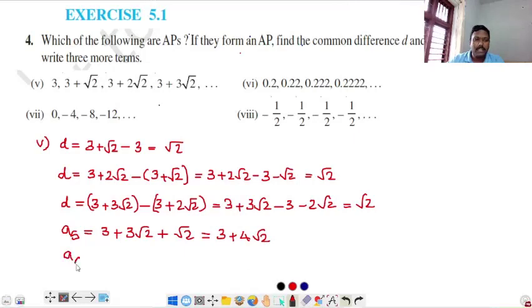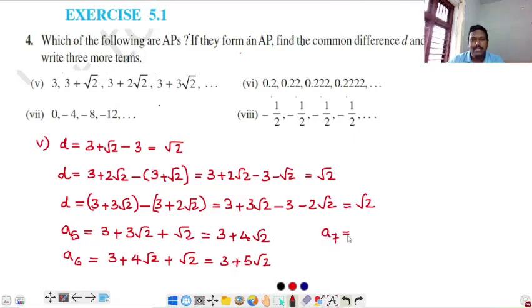Now we can find a6. a6 we can do like this with the fifth term, that is 3 plus 4 root 2. With 3 plus 4 root 2, you can add again the common difference root 2. So you will get 3 plus 4 root 2 plus root 2 is 3 plus 5 root 2. Okay, now we can find a7.